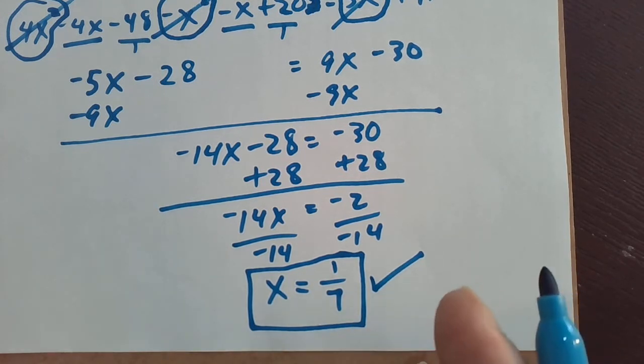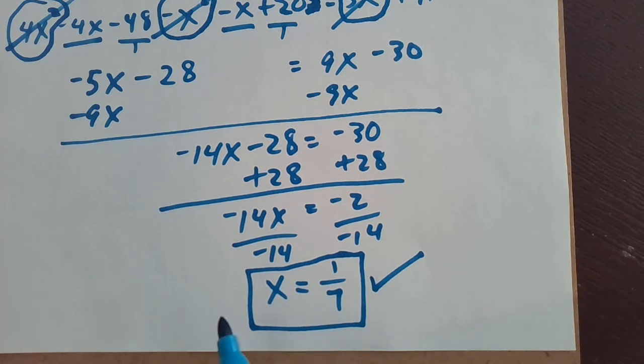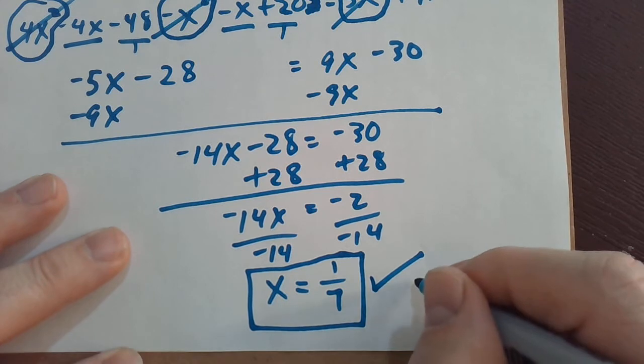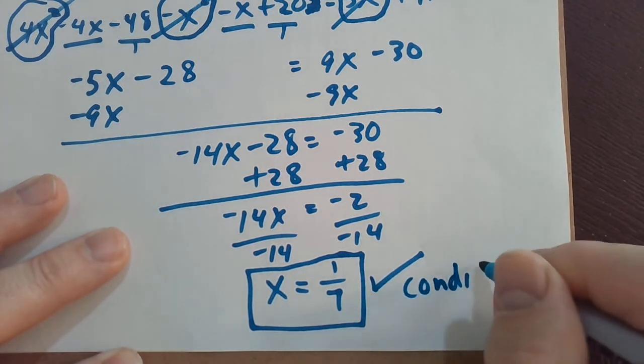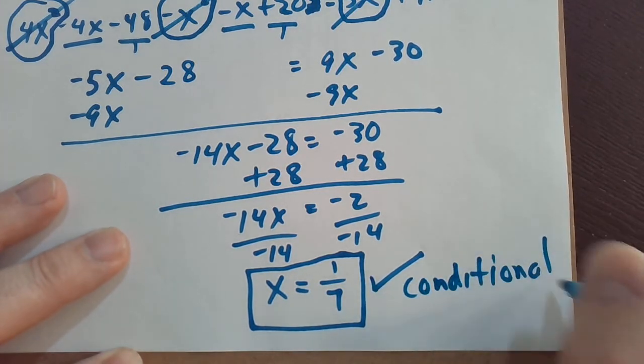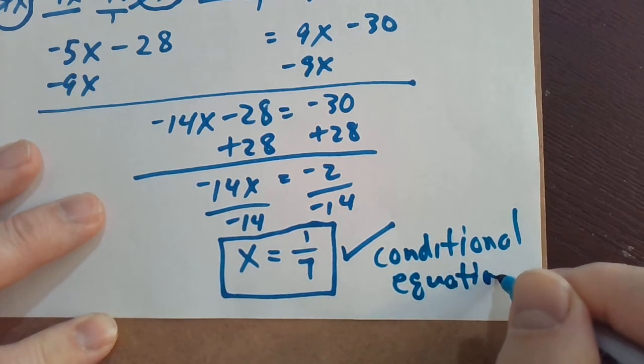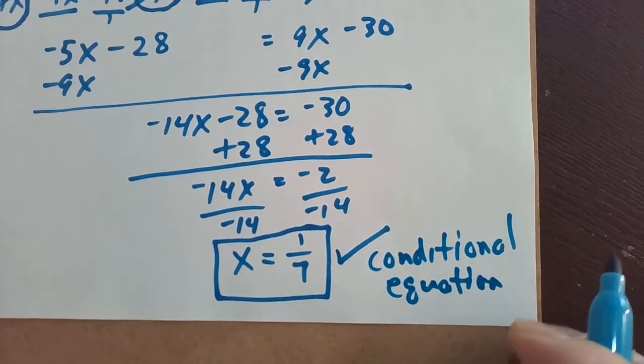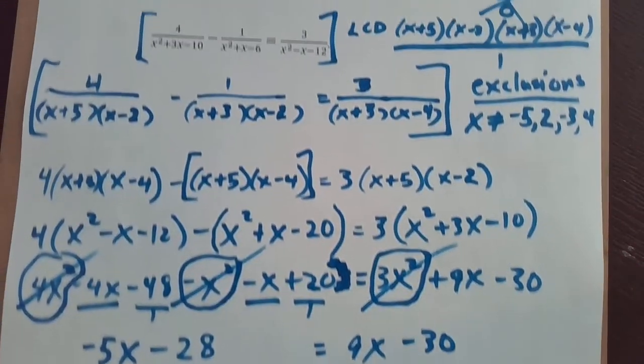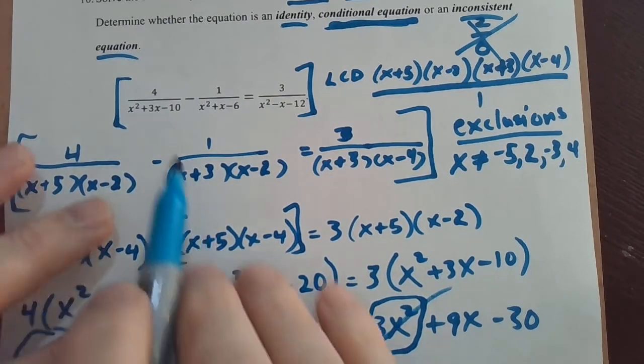All real numbers will not work, usually. And in this case, it is not the case that we have no solution. So this is a conditional equation. And I'll let you plug in 1/7 to verify that this is a true statement.